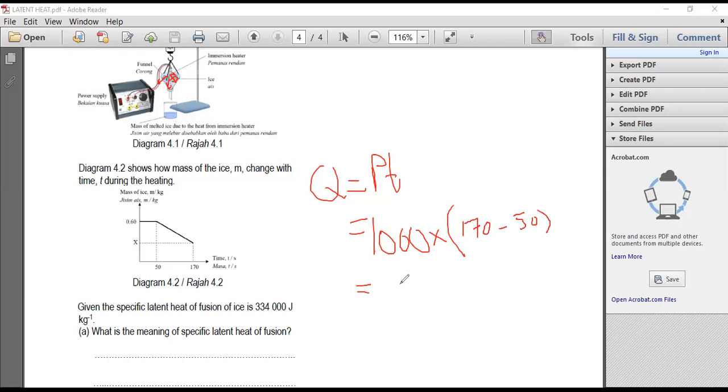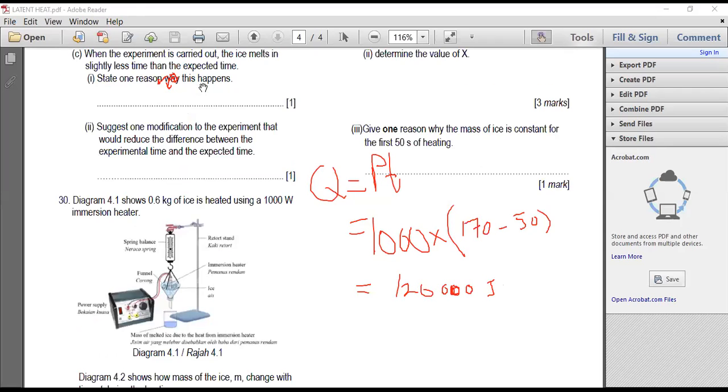So 1000 times 120, which is 120,000 joule.